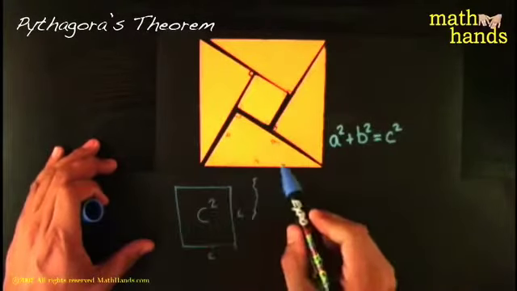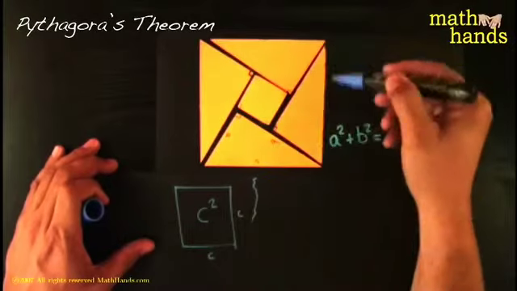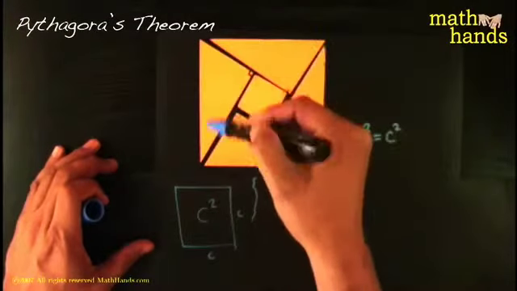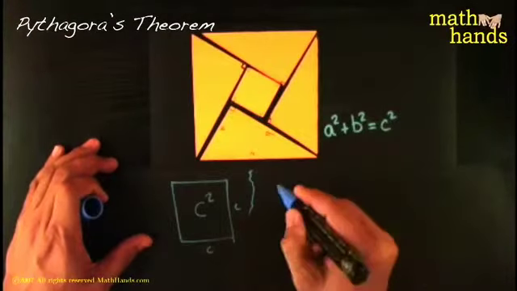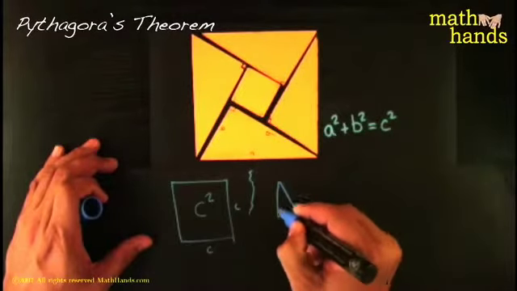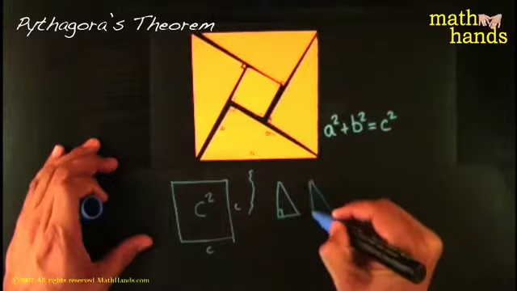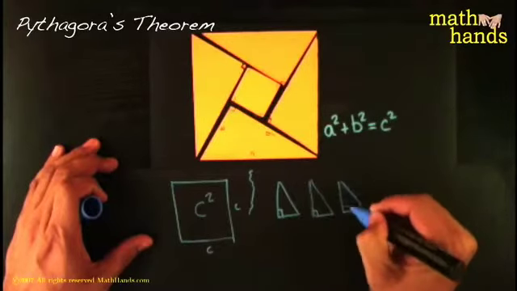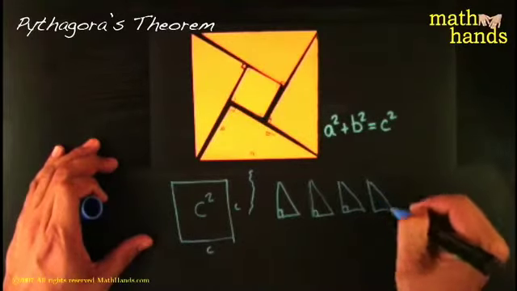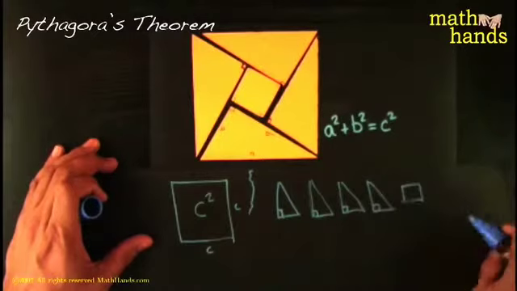That's this side C, and this side C, and that side C, and this side C. On the other hand, you've got a triangle, and another triangle, and another triangle, and another triangle, and the little piece inside.